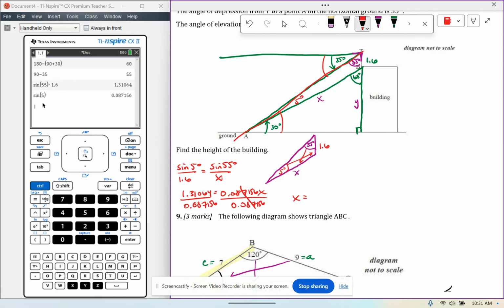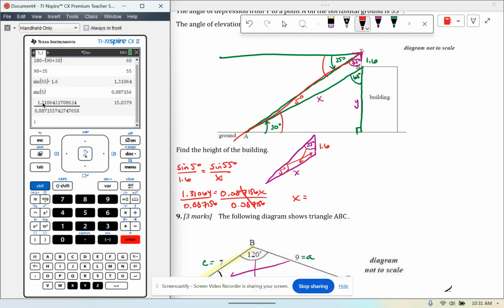Okay, so I have x is equal to this divided by this.